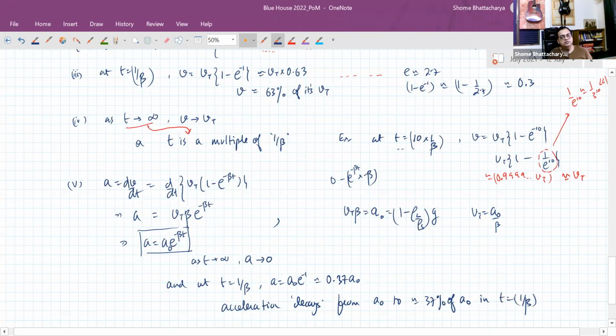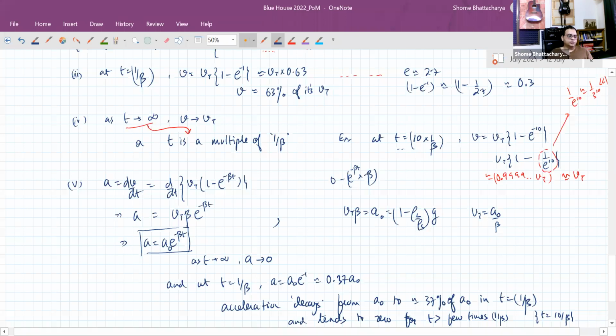And it decays to 0 for t greater than a few times 1 by beta, like t equal to 10 by beta or something like this.